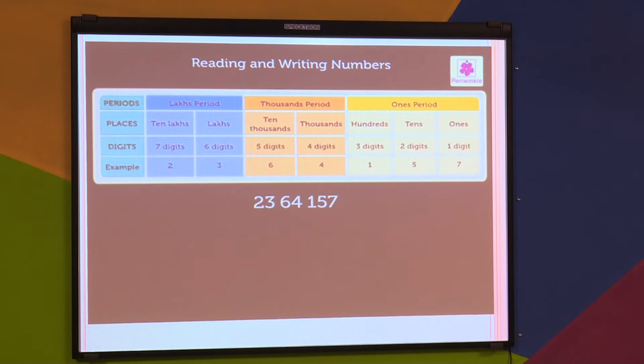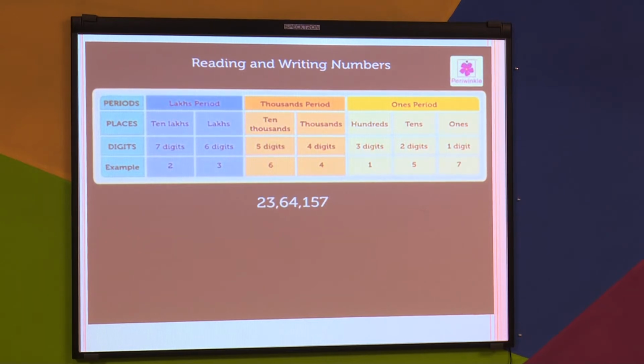So, we insert the first comma between the 3rd and the 4th digit. That is, where the ones period ends and the thousands period starts. Next, a comma is inserted between the 5th and the 6th digit, that is, where the thousands period ends and the lakhs period starts.